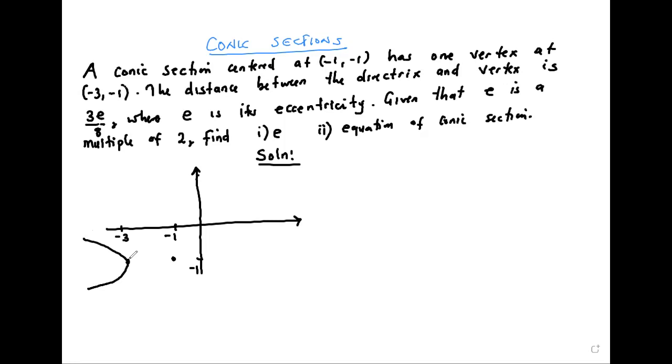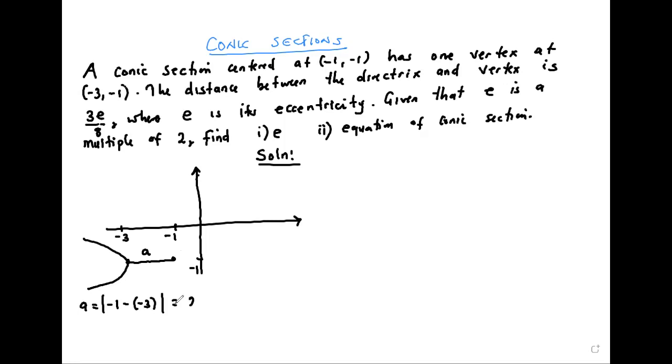Okay, so now, what else are we given? Just from this information so far, we've seen that this distance in between here is a. And so what is a? a is -1 minus -3, which is going to be 2.